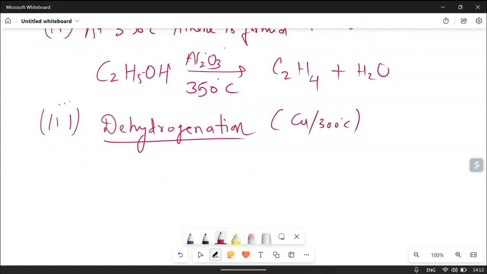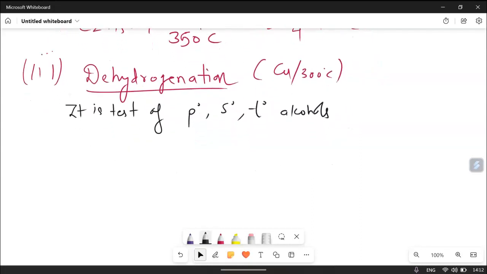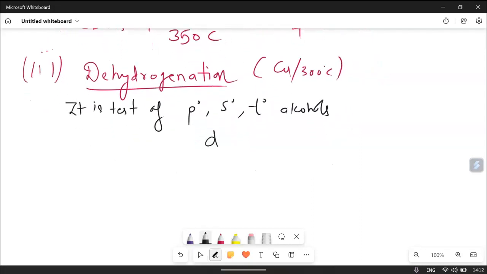So it can be used as a test of primary, secondary, and tertiary alcohols. Why? Because different products will be formed here in case of primary, secondary, and tertiary.